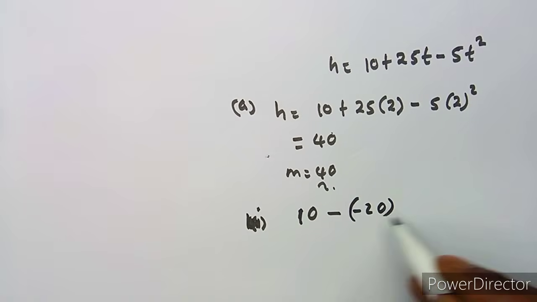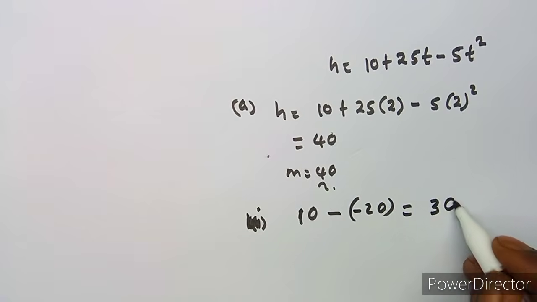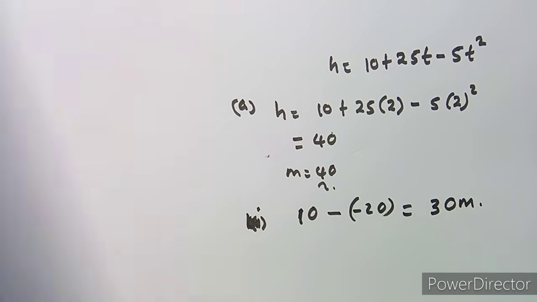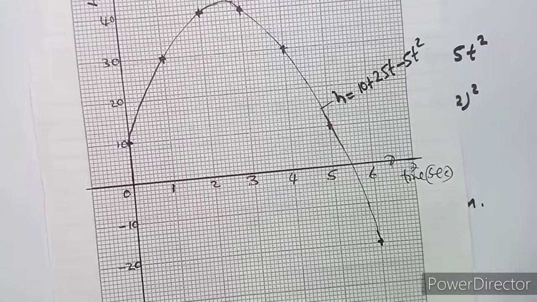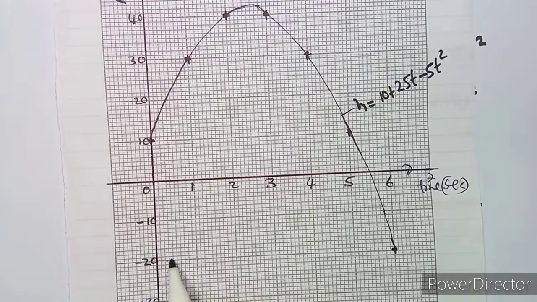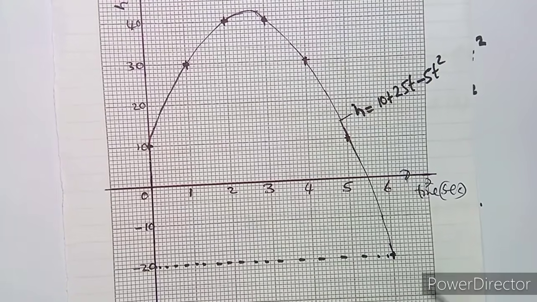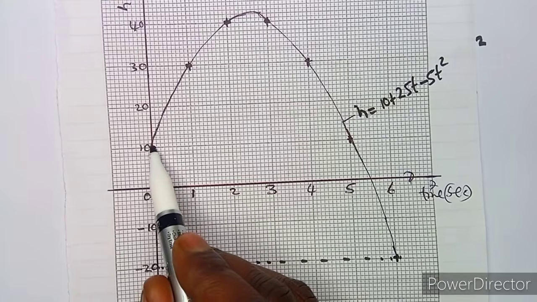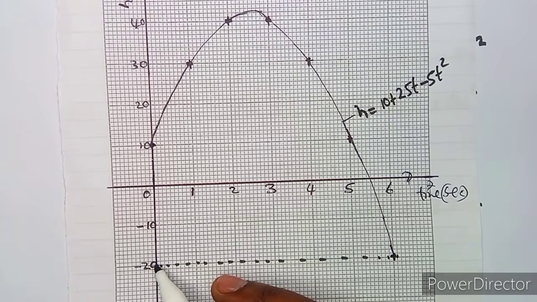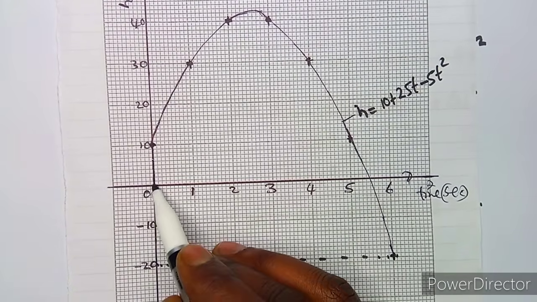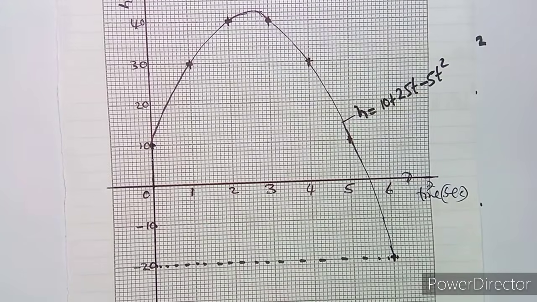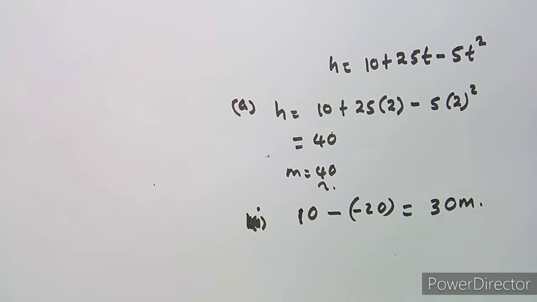So that is our difference there, which is something like 30 meters. Or you can even use your graph to say that this point corresponds with minus 20 at the last point. The first point corresponds to 10, so you can count boxes from minus 20 to 10: 10, 20, 30, just like that. All right, you can use your graph just like that.